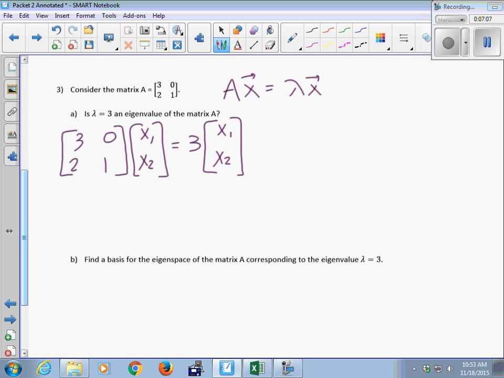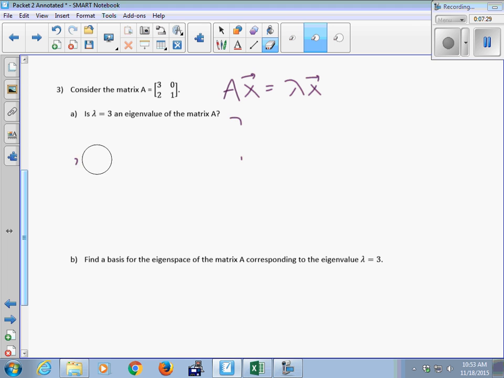All right, how do I solve that? We should use our special formula, A minus. Yeah, we could subtract from both sides. It might actually be easier if I don't put in x1, x2. Let's just write Ax equals lambda x to start. Ax equals 3x.